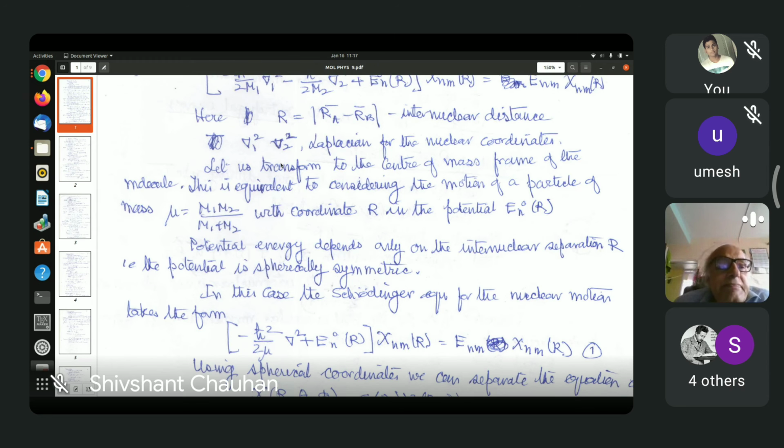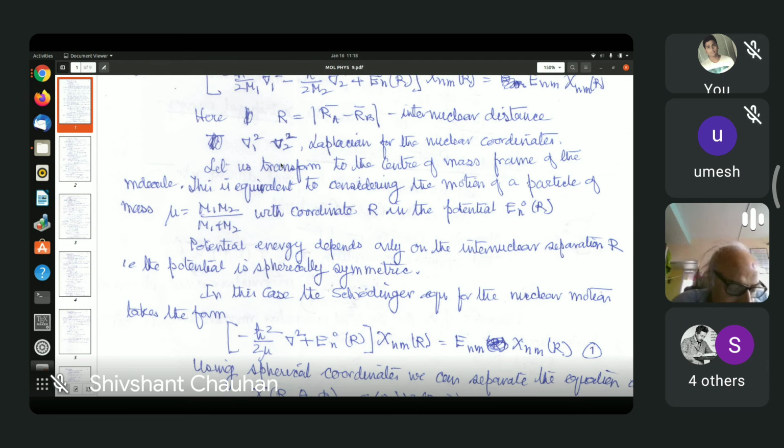And so we can separate the Schrodinger equation. We have done that already for central forces. When you did the hydrogen atom, we separated the angular momentum part from the radial part. The angular momentum part gave an equation whose solution was spherical harmonics, and the radial part depended on the nucleus-electron attraction for the hydrogen atom.